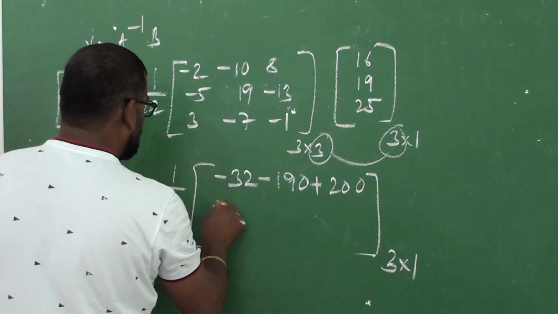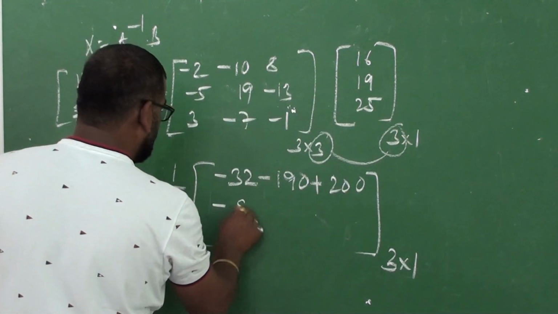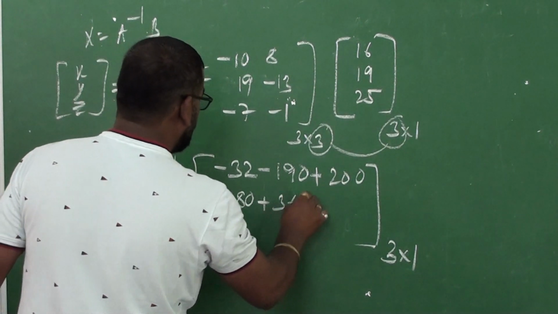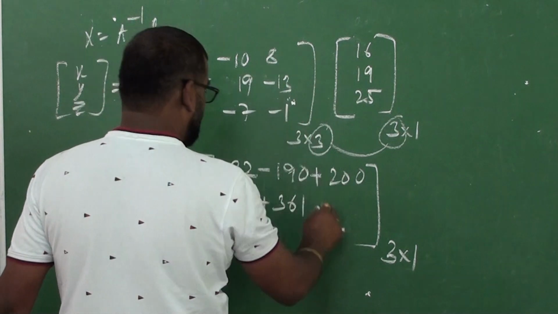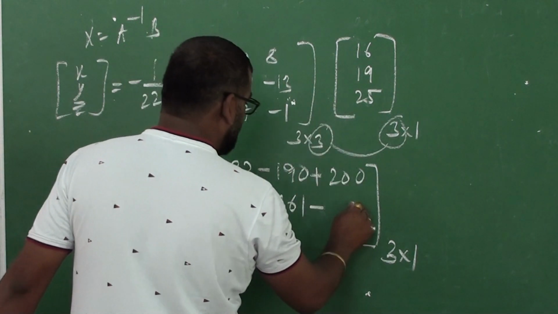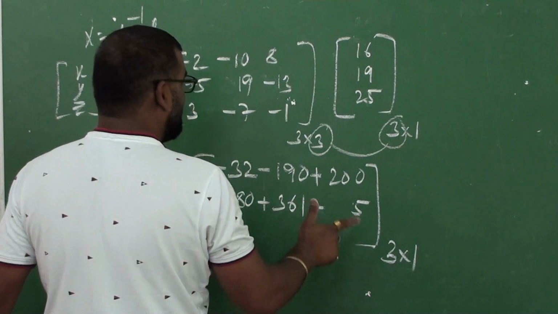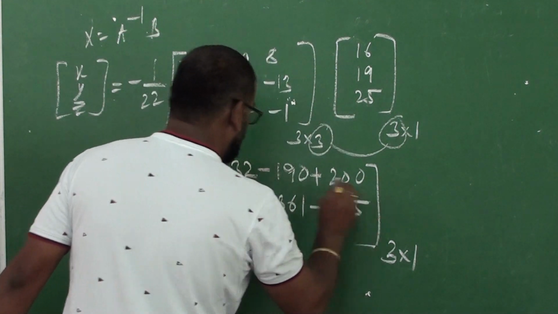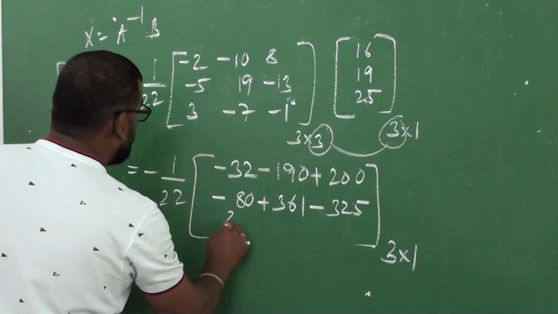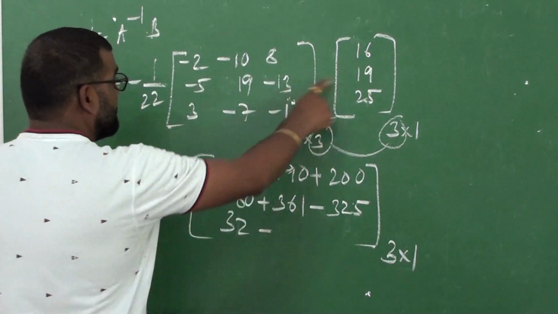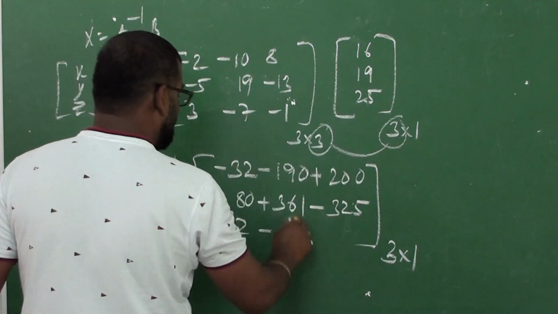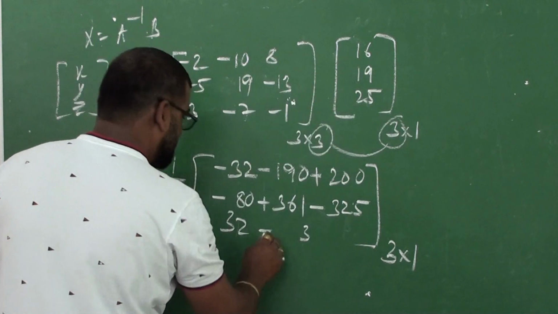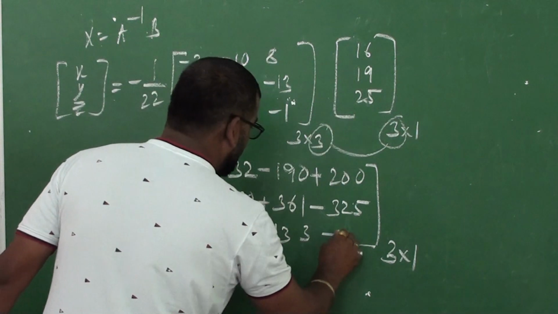This becomes minus, plus into minus, 16 5 is 80, 19 19 is plus 361 minus 25, 25 3 is 75, 7 in my hand, 7 in my 25 plus 7, 32. This becomes 32 minus 17, 19 into 7, 7 9 is 63, 6 in my hand, 7 1 is 7 plus 6, 133 minus 25.